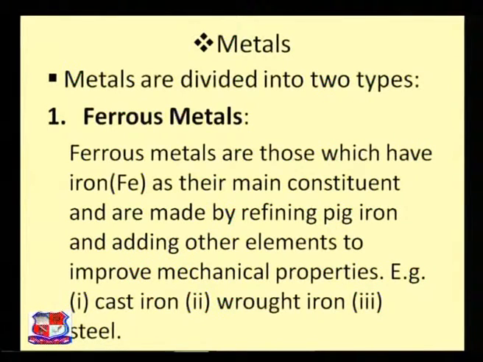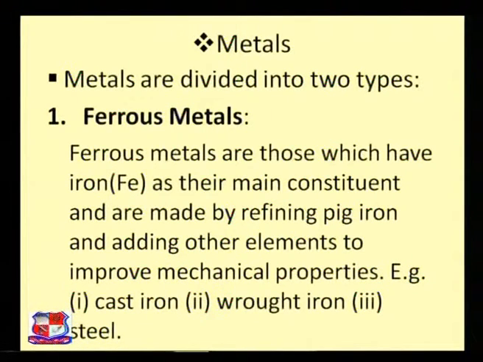Now let us understand that metals are divided into two types, and the first is ferrous metal. What is a ferrous metal? Ferrous metals are those which have iron, whose element symbol is Fe. Ferrous metals have iron as their main constituent, and are made by refining pig iron and adding other elements to improve mechanical properties.